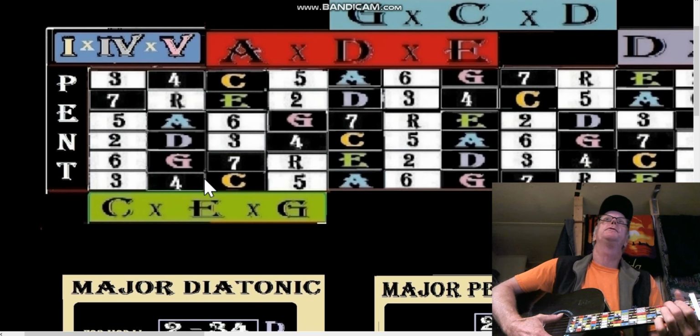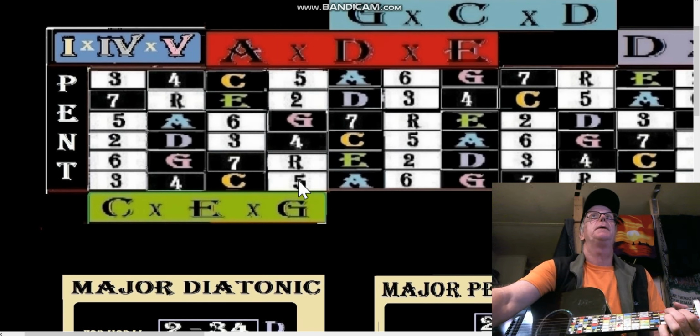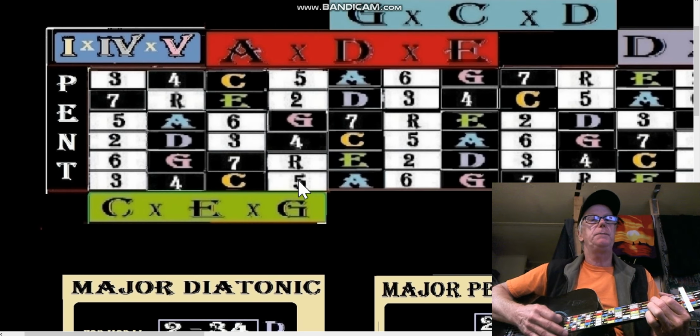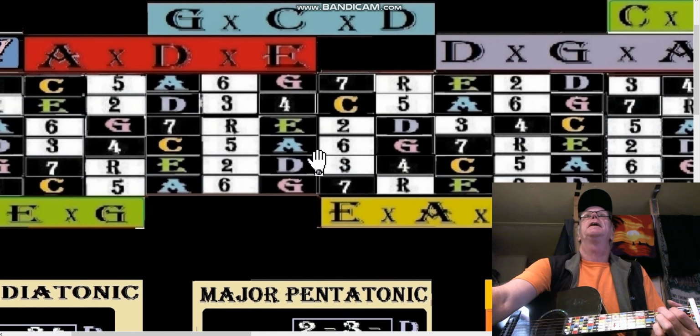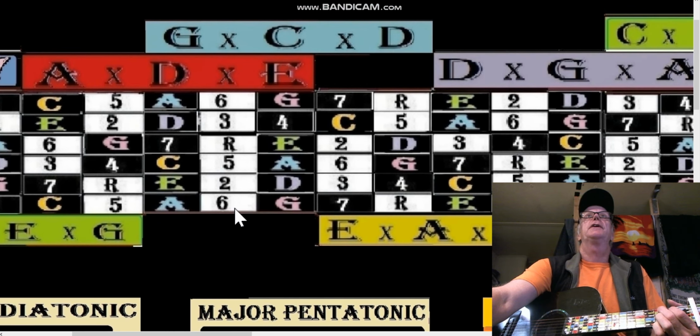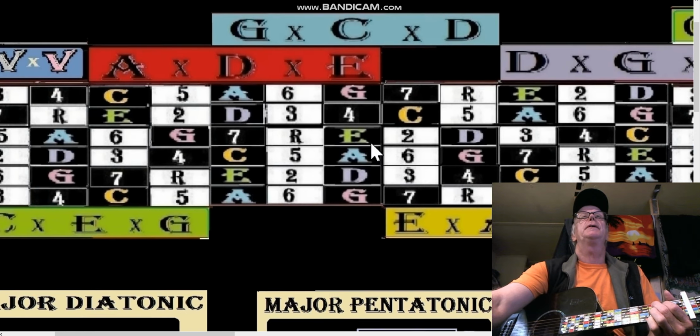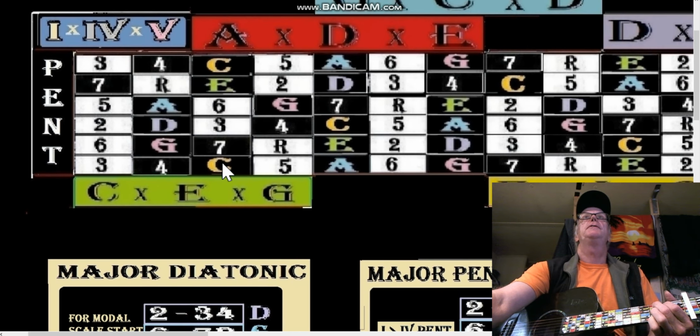And the fifth, which would be the G-shaped fifth. So we're substituting a G pentatonic for that. Notice the G pentatonic would be over here, 6, 7, root, but we're over here at 3, 4, 5.